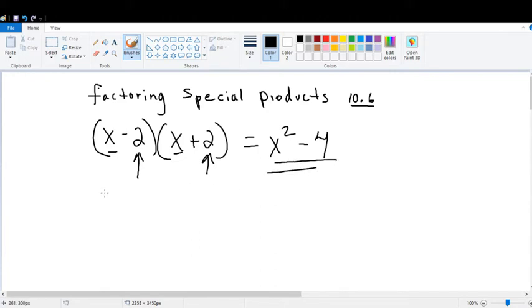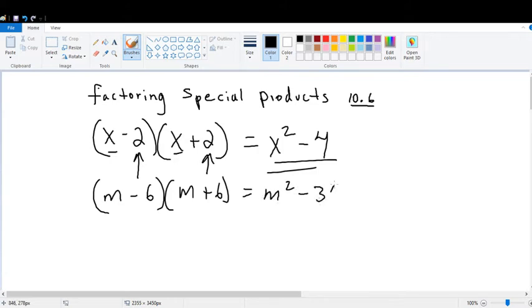Let's say we had m minus 6 times m plus 6. Well, same thing. This is always equal to m squared minus 36. And you could factor this, or you can multiply this to verify that we have the right answer.